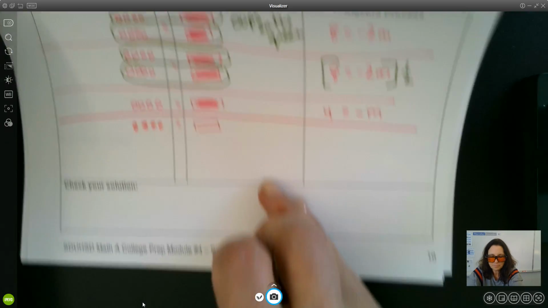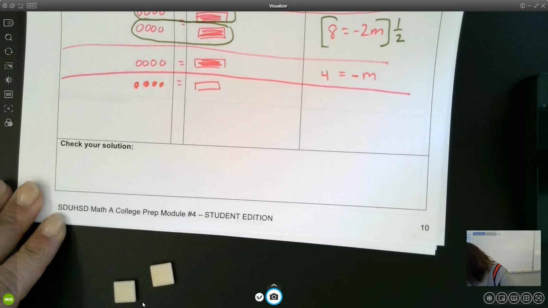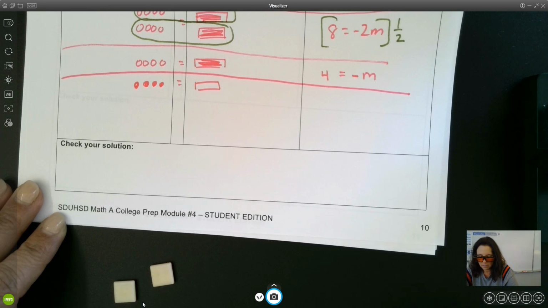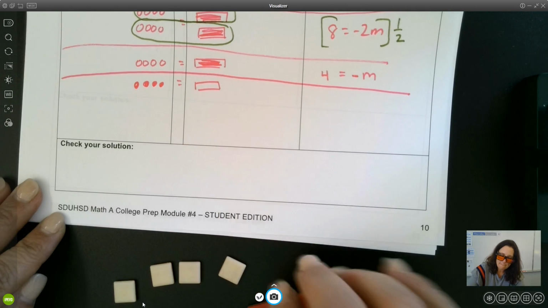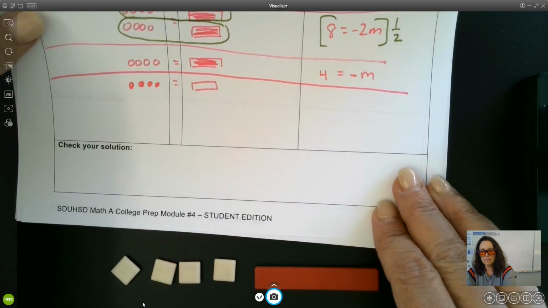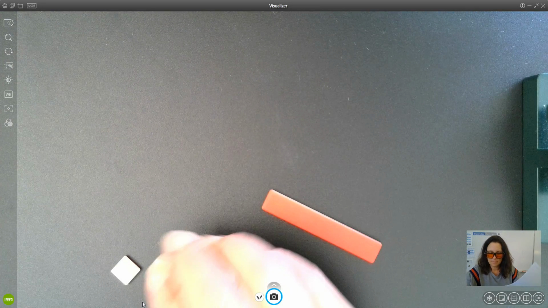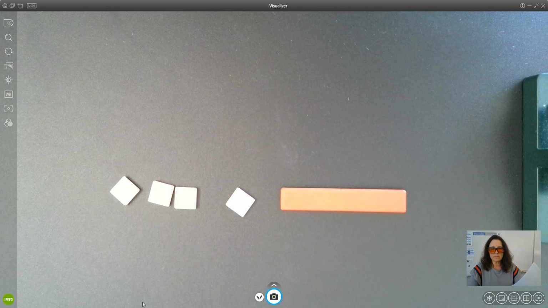I'd have 1, 2, 3, 4. That's what I have right now. M equal 4 positives.